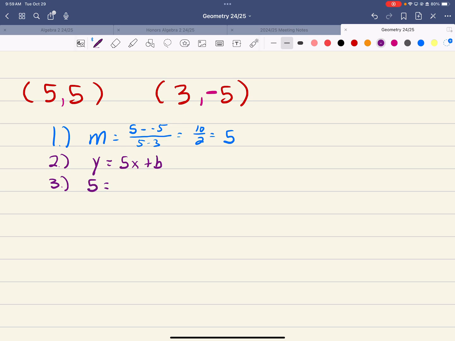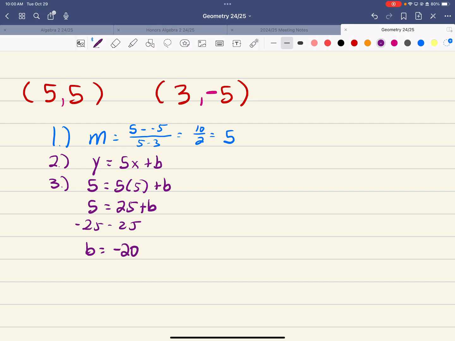So 5 is equal to 5 times 5 plus b. So far, so good? So 5 is equal to 25 plus b. Subtract 25. B is equal to -20.